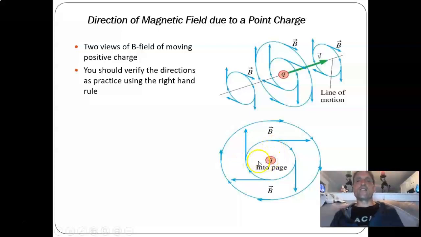So this vector lies in the page and it's perpendicular to V and to R, and the vector is upward. Okay, so that's obtained by the right-hand rule. So try it at a few points here and you will see that these magnetic field lines directly above the moving charge are in fact circles. If you look at each point, and we did it at all the points around the loop, the magnetic field lines are circles.